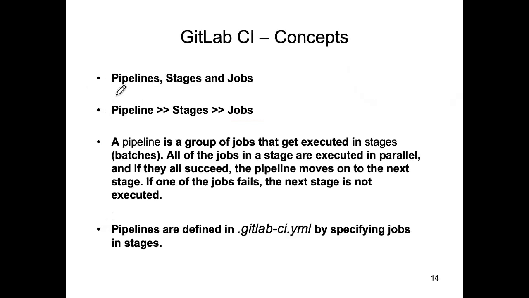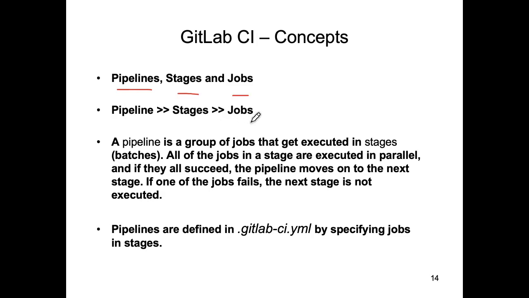So when we talk about continuous integration, there's a vocabulary around it. I've already used some of the vocabulary. We talk about pipelines and stages and jobs. The relationship between these three concepts is that a pipeline is comprised of many stages, and a stage is comprised of many jobs.